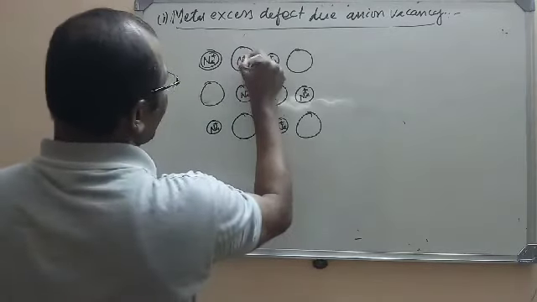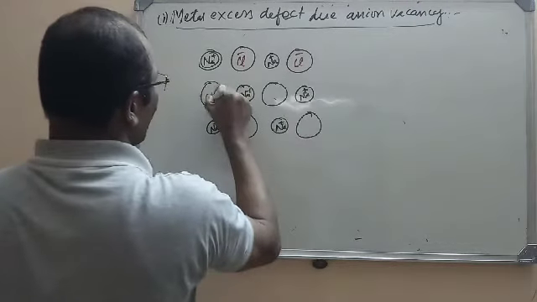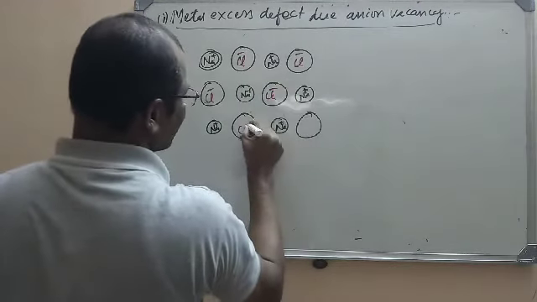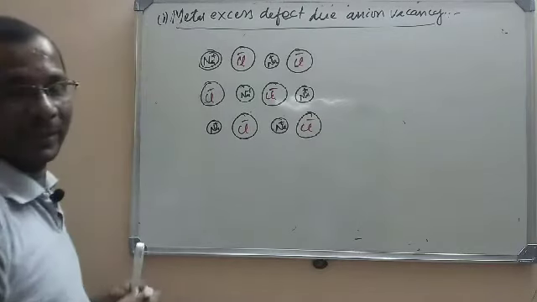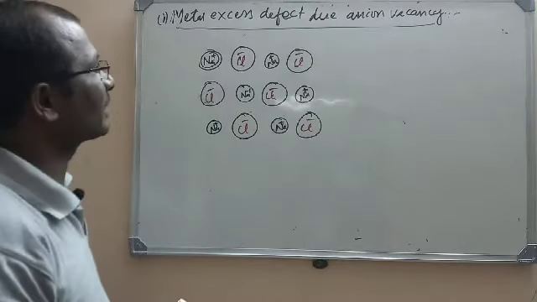Now these are Cl minus ions. So this is the ideal arrangement of the particles.